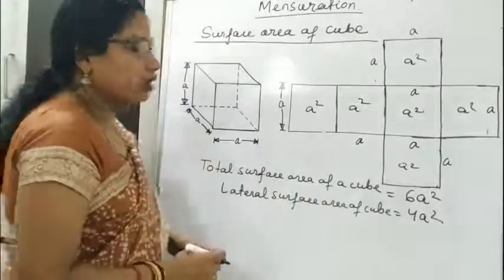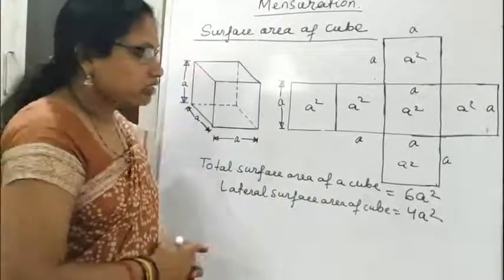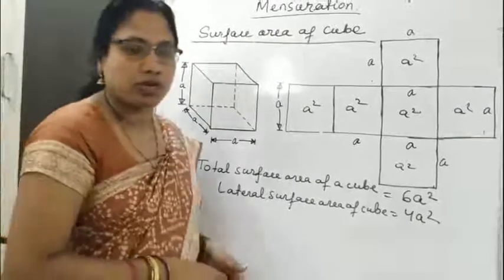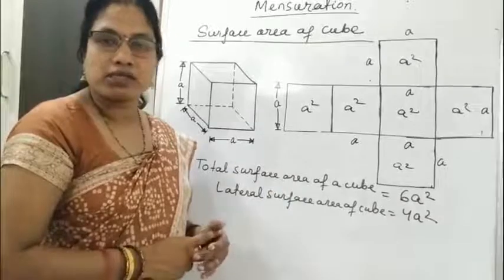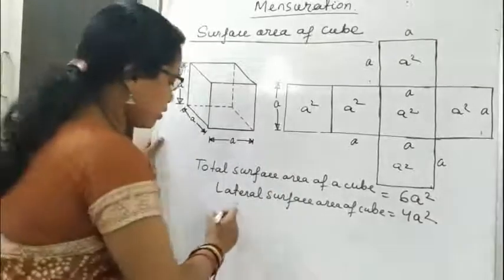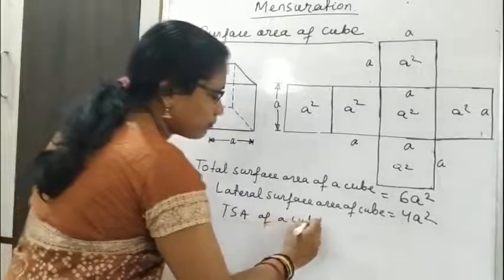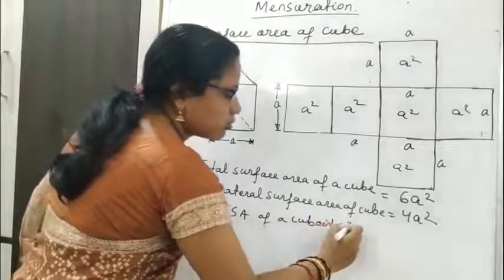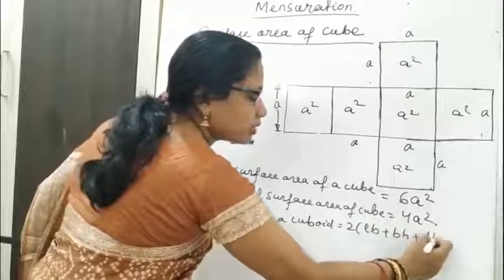So here we got the total surface area of a cube is 6a square and the lateral surface area of a cube is 4a square. Previously we found the total surface area of a cuboid is equal to 2 into (length breadth plus breadth height plus length height).